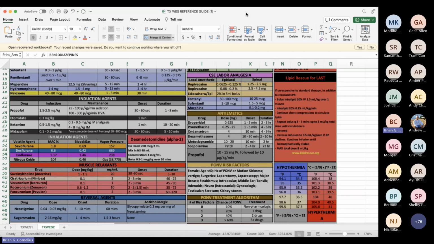What other medications can you consider giving this patient towards the back end of things? What might be beneficial, especially for, say, analgesia as we're headed towards wake up? What non-opioid analgesics can we use? You could use magnesium.